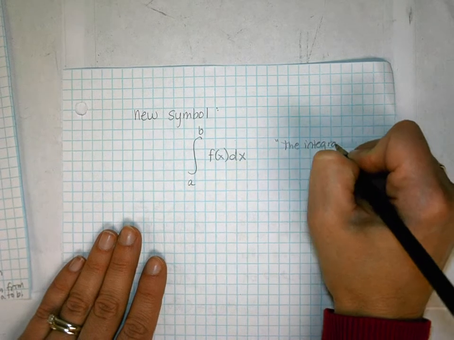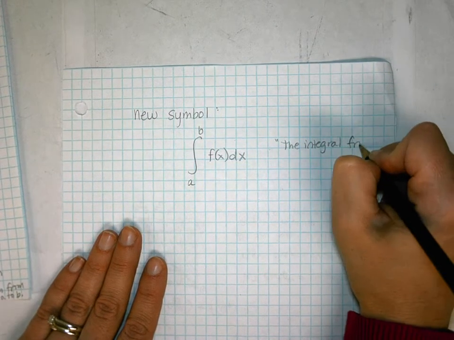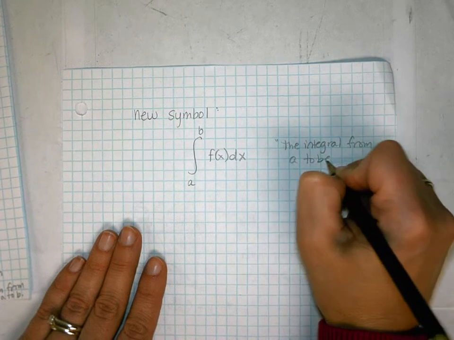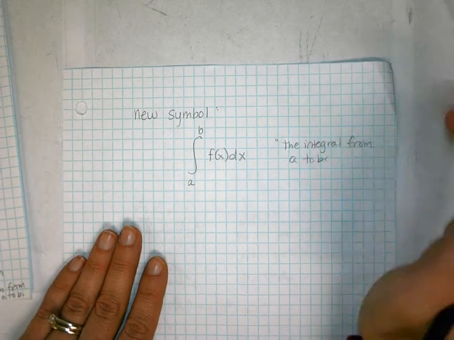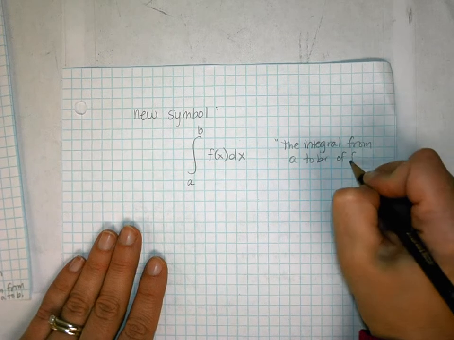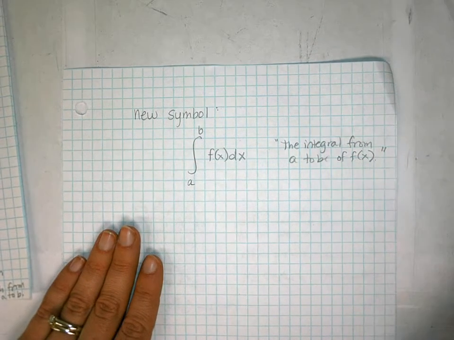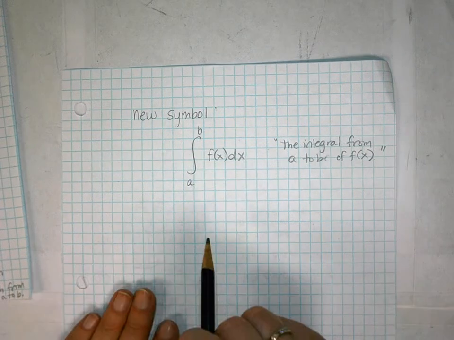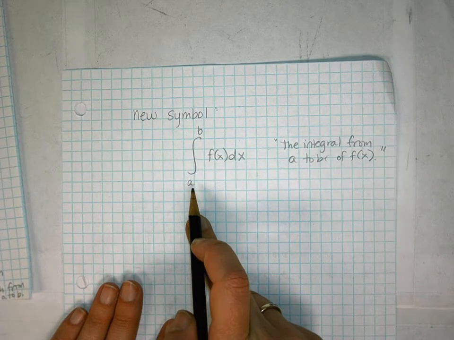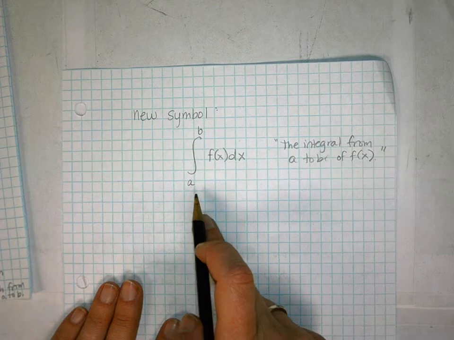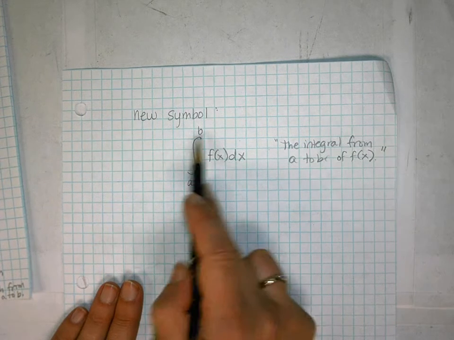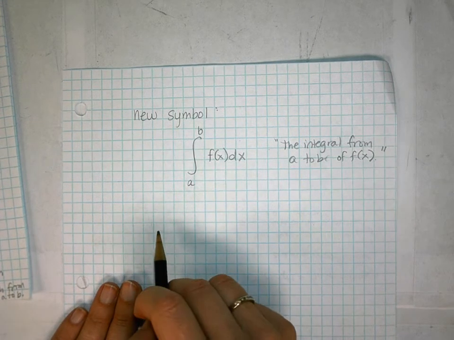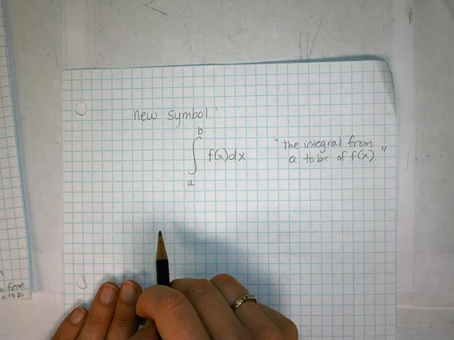The integral from A to B of f of x. This integral represents the limit as n approaches infinity of all the areas of all those little rectangles underneath the curve. So really, the integral is the area underneath a graph of a function.